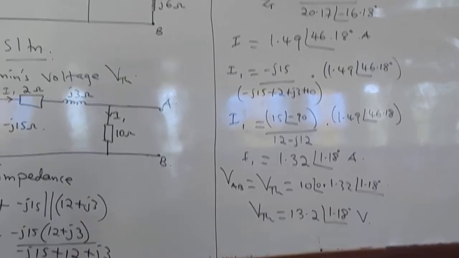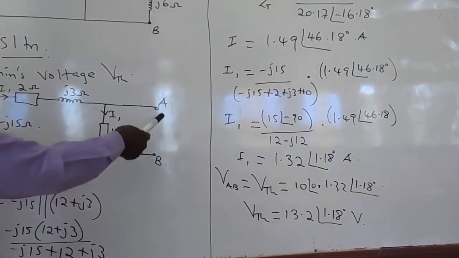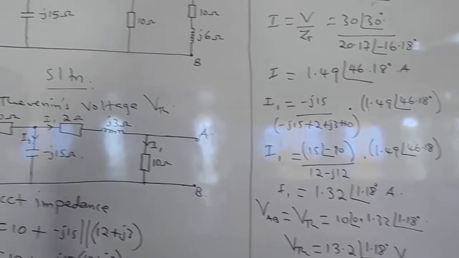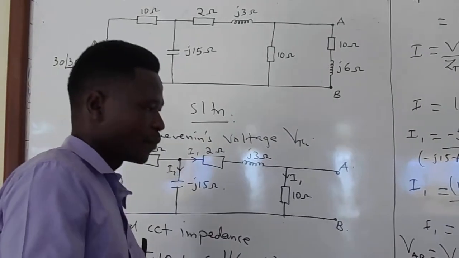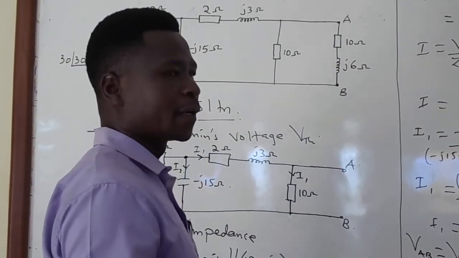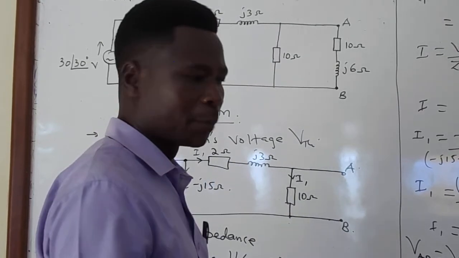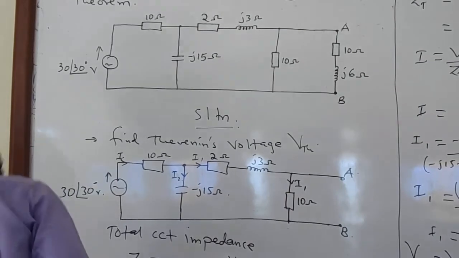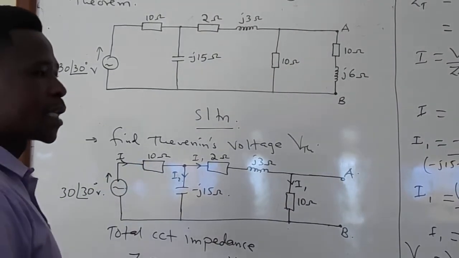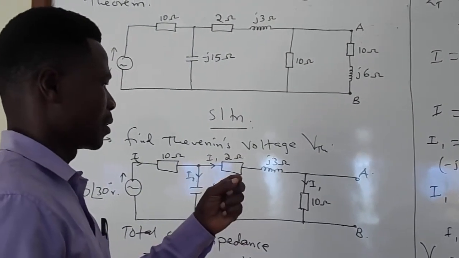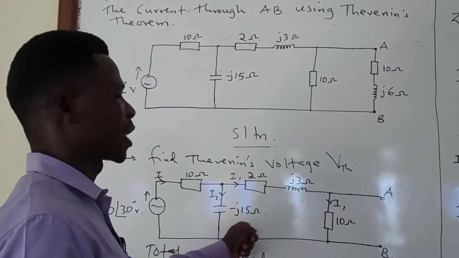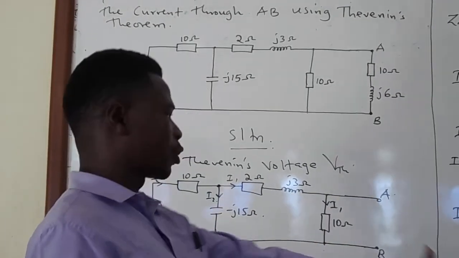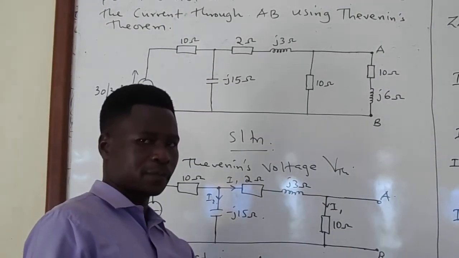Now, after obtaining the Thevenin's voltage, which is the voltage across terminal AB, we need now to move to the next step. And the next step is to obtain the Thevenin's impedance. And in Thevenin's impedance, as I said earlier, it is the internal impedance of the circuit, looking back into the circuit from the terminal AB.